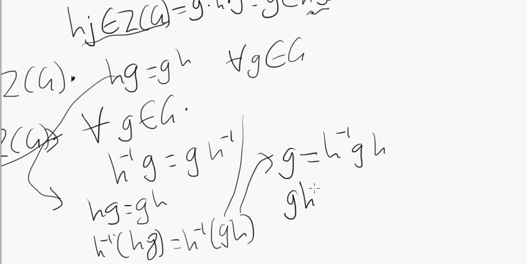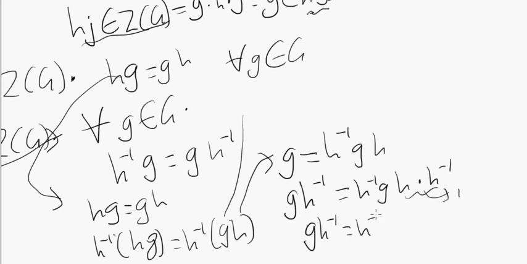Then suddenly we have g times H inverse equals H inverse gH times H inverse? Well, H times H inverse equals the identity. So this equation reduces to gH inverse equals H inverse g, which is exactly what we're trying to show here. We said that for H inverse to be an element of Z of G, it has to commute with every element of the group.